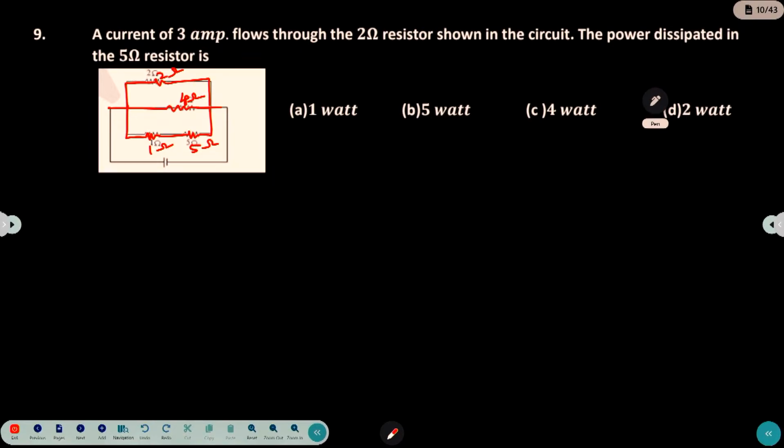Yes. Very easy. Current of 3 ampere flows through the 2 ohm resistor. That's right. You are right. Now this is 2 ohm. So how much current is flowing here? 3 ampere. 2 ohm. Fine.